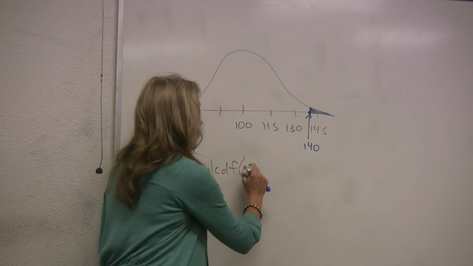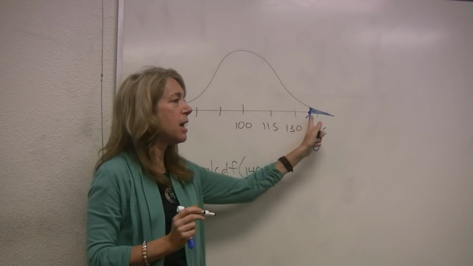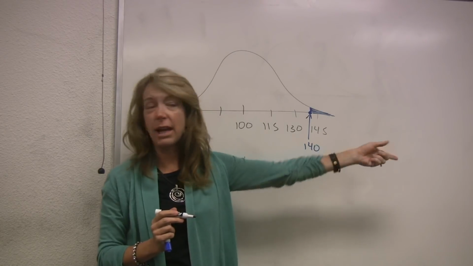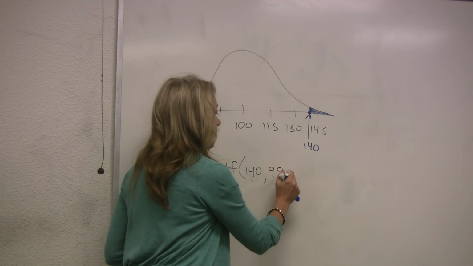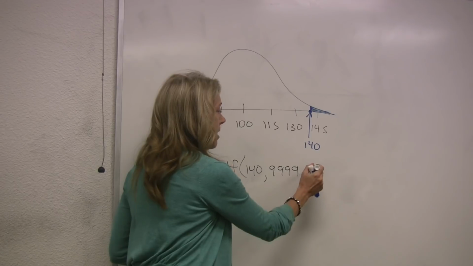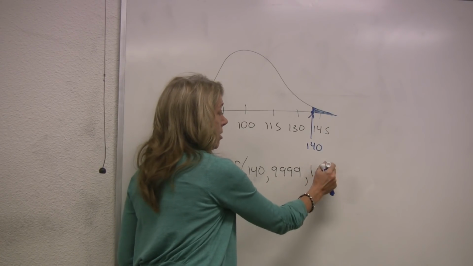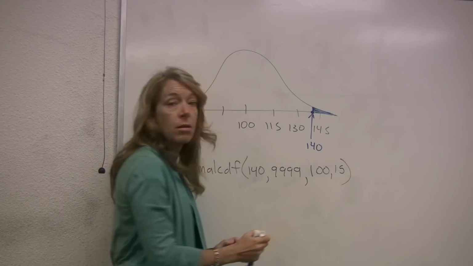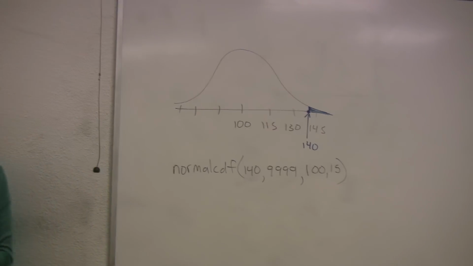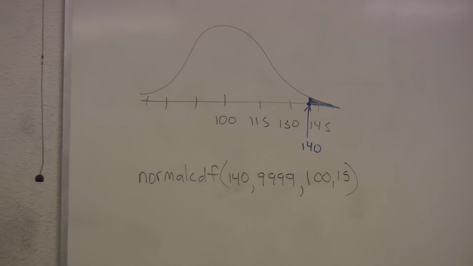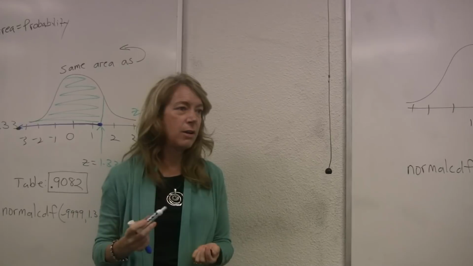I'm starting at 140 on the left, and I'm stopping at 9999, some really big positive number. This time it's a positive one. And then I'm putting in 100 and 15. It saves me from having to draw the picture twice, convert it to a z-score, and then do the same thing I was going to do anyhow.